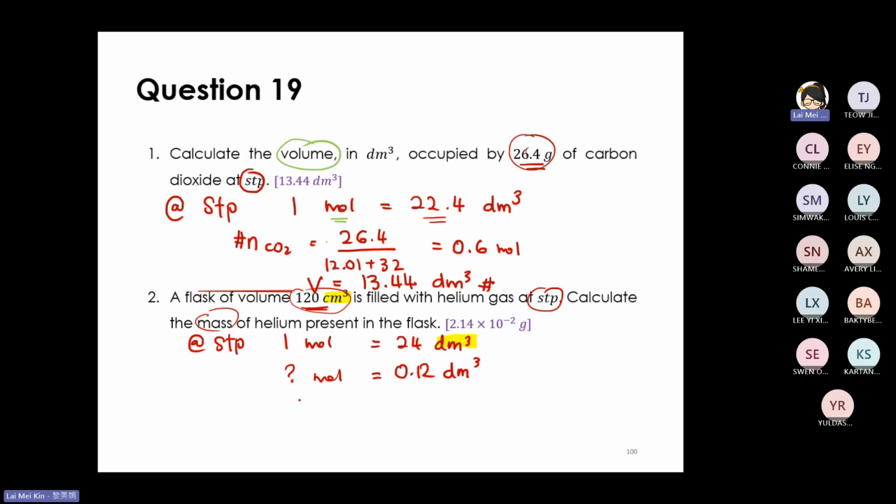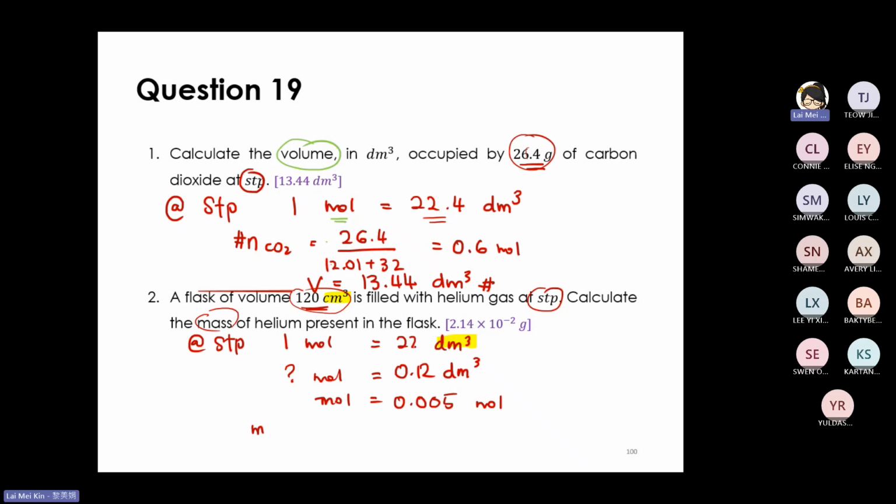Okay, so what is the number of mole? The mole is 0.0005... Oh, thank you, STP.